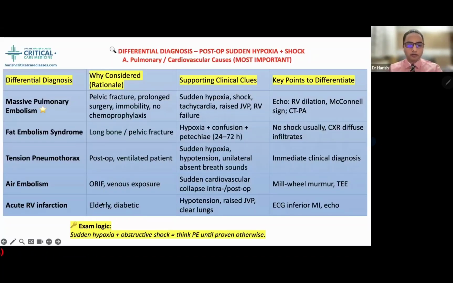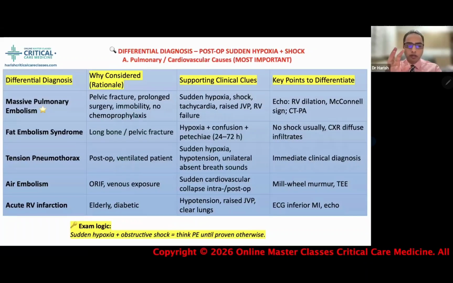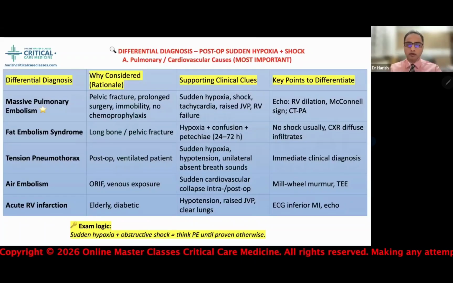Acute RV infarction, with an elderly diabetic background. Usually they present with clear lung fields because the RV is not able to pump, so there is no pulmonary congestion. It is not LA-LV involvement with back pressure on the lung. So clear lung fields, pulmonary oligemia is the characteristic finding of RV infarction. Very, very important. Okay.